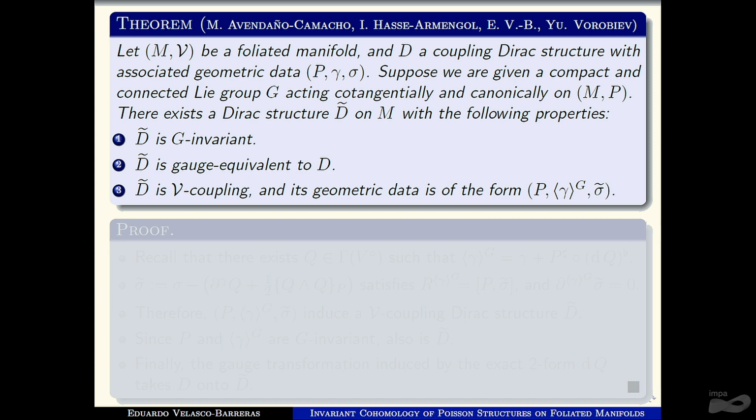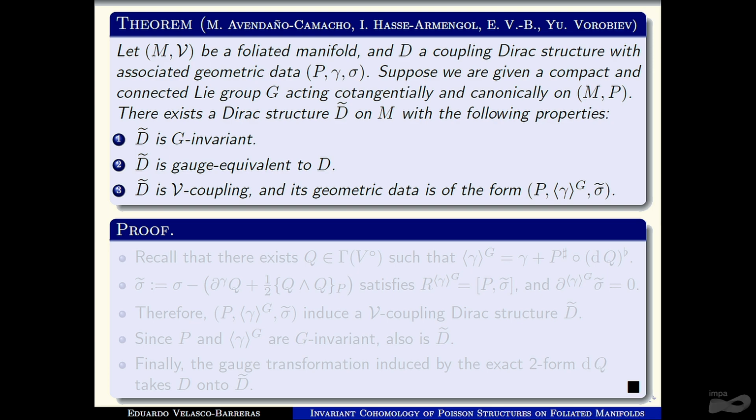P, the leaf-tangent Poisson bivector, is the same P. The connection is the Hannay-Berry connection, and sigma tilde is, I will give the formula right away.